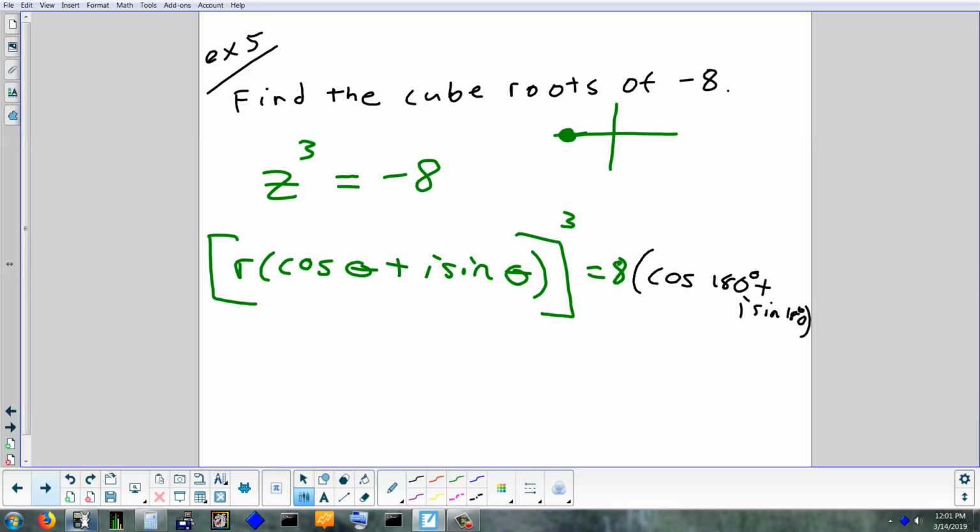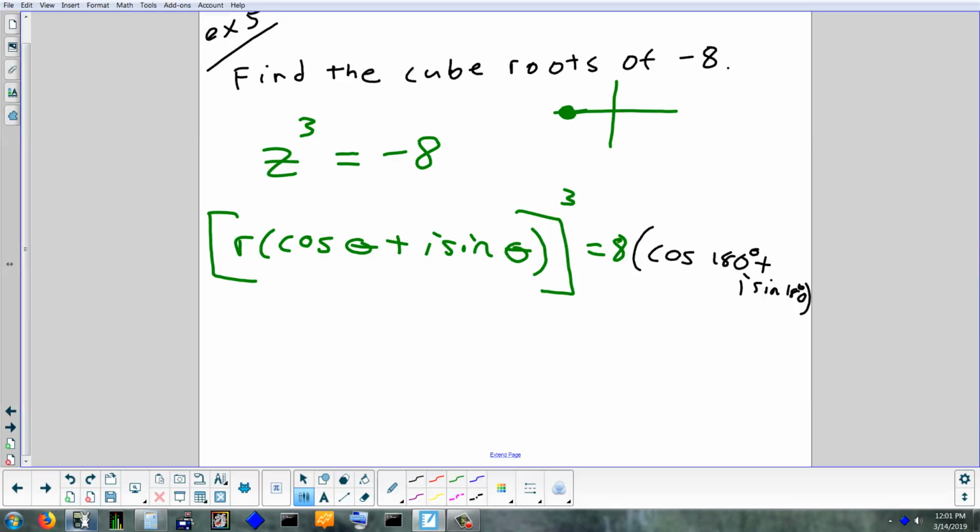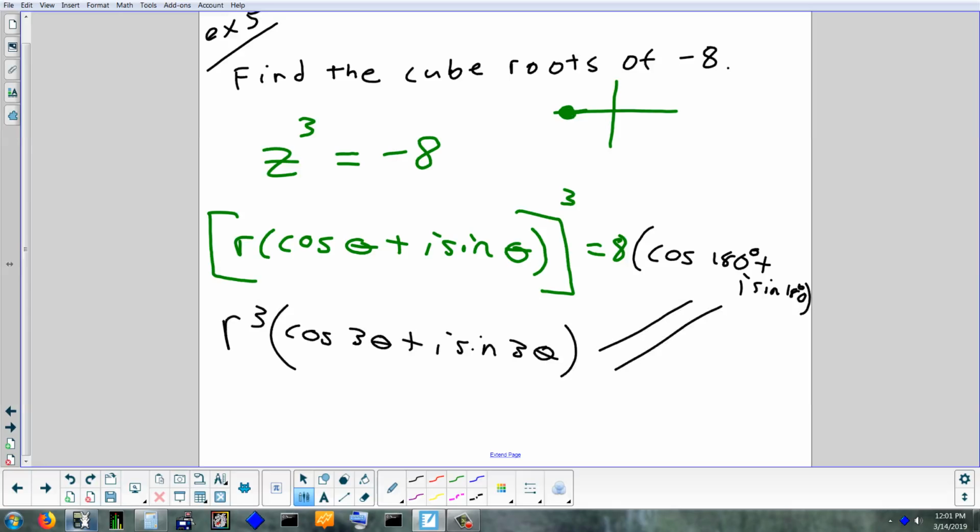Now, on the left, do this out with DeMoivre's theorem. What's your radius going to be? R cubed. And your angle? Cosine 3 theta. It equals that.